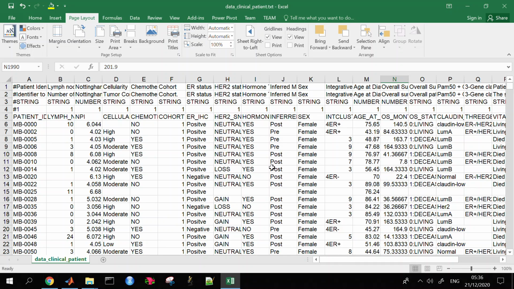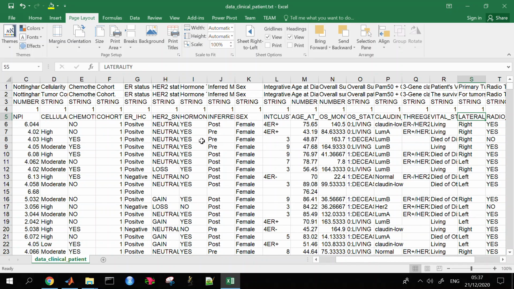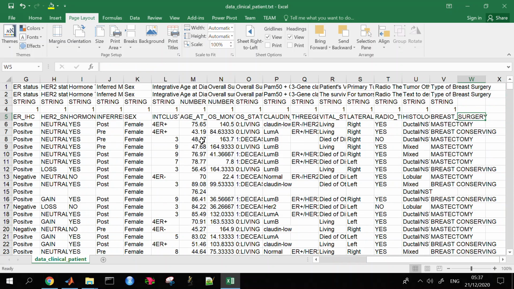Okay, so another column that you'll have to look for, but it's not a must because my code doesn't deal with it yet, is the cancer subtypes. Not all cancers have data regarding these subtypes. Oh, here it is. The column will usually be called Claudin subtype. Again, my code has to be rewritten in order to work with that.